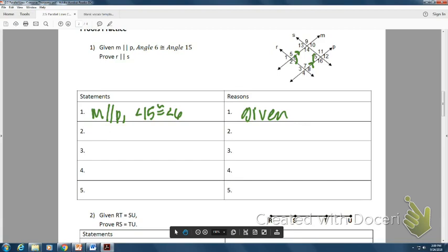We can't say that yet, because we don't know that R and S are parallel. Yes. Angle 6 and 3. 6 and 3 are what? Alternate interior.